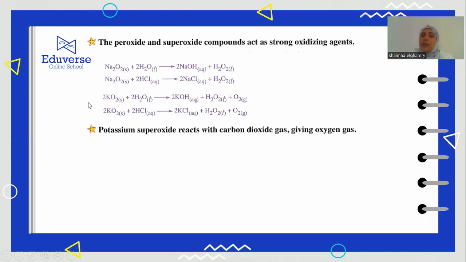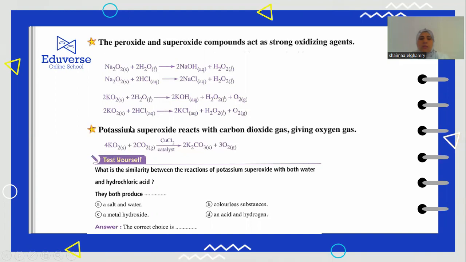Potassium superoxide reacts with carbon dioxide gas, giving oxygen. So it is used in submarines and closed areas to filter the air from carbon dioxide and recharge the air with oxygen. Potassium superoxide reacts with carbon dioxide in the presence of copper chloride as a catalyst to give potassium carbonate and free oxygen.